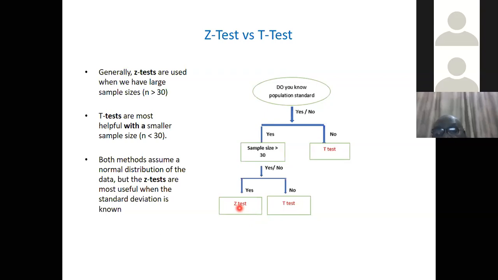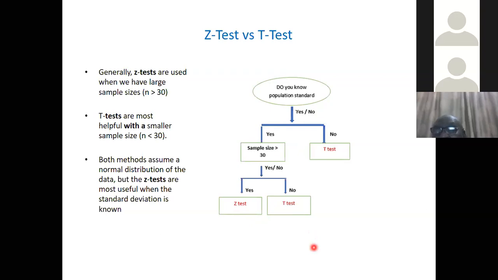But there's another thing. Even when the sample size is greater than 30, at that particular time, T also approximates the Z distribution. T is like Z distribution. So in that case, whether the sample size is smaller than 30 or higher than 30, a T distribution would work.